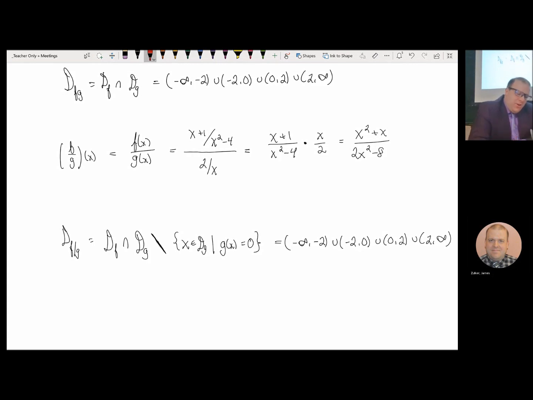Right, so that is only because this set here is the empty set. The empty set is the set that has nothing in it. So there's nothing to take away.